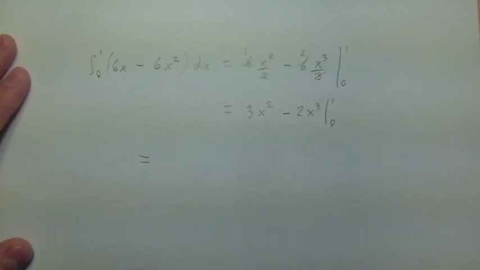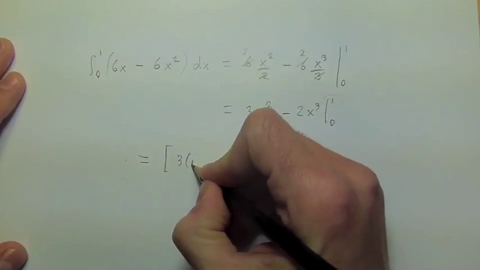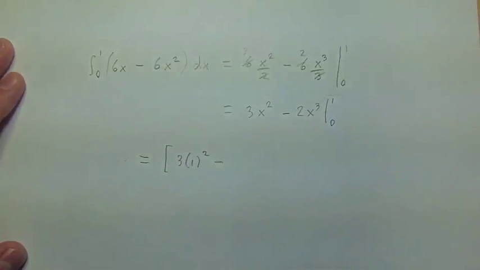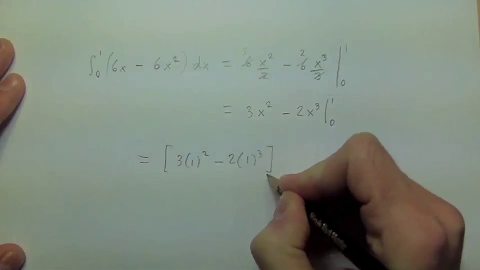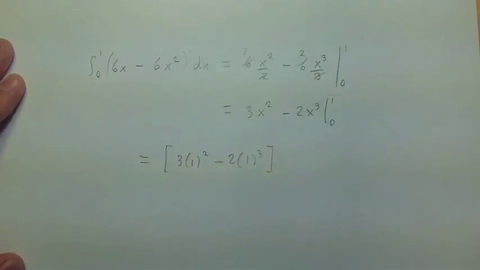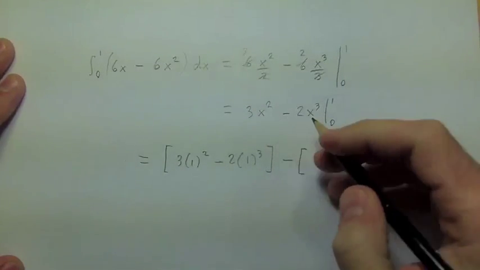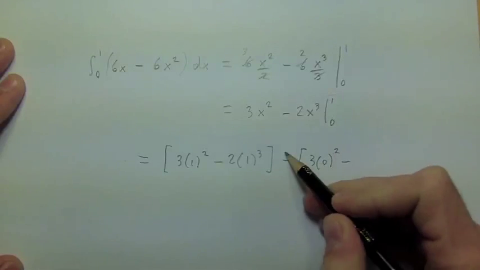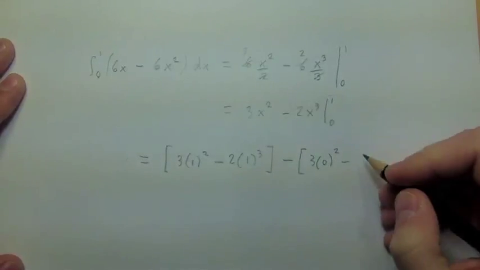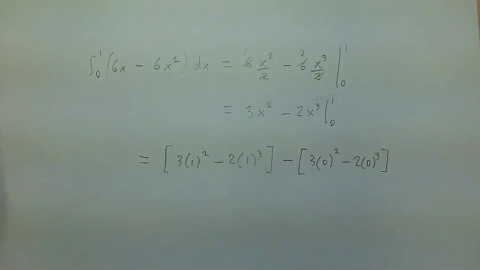The top goes first. That should sound familiar, right? The top goes first. So this is going to be 3 times 1 squared minus 2 times 1 cubed. All right, so here I've plugged in 1. I'm going to subtract, plugging in 0. Now here it's not going to matter much, but often people forget to put brackets around this and it screws everything up and you get the wrong answer.